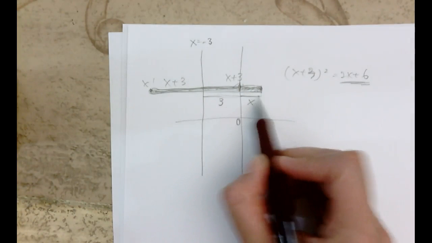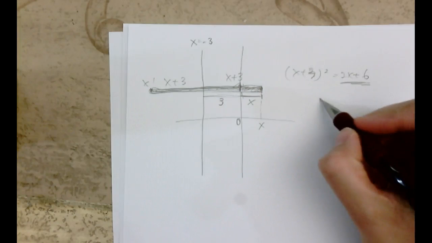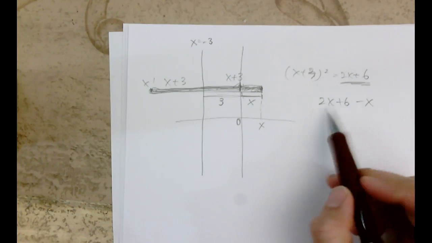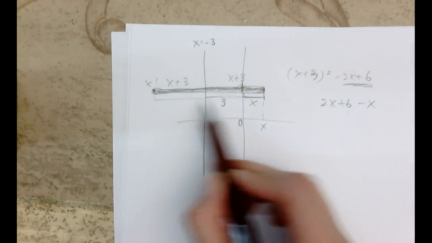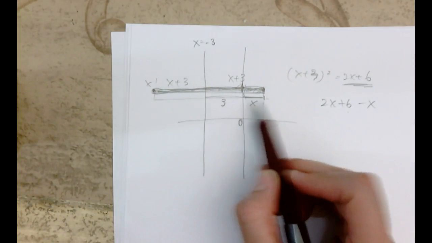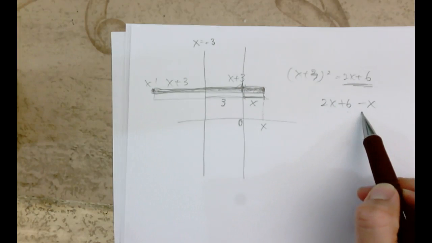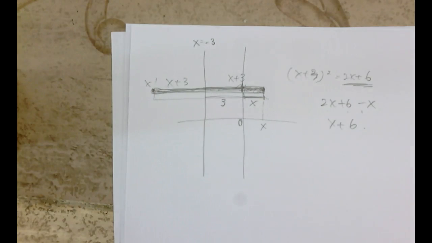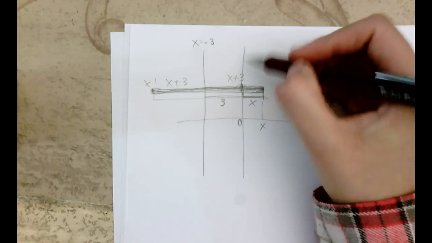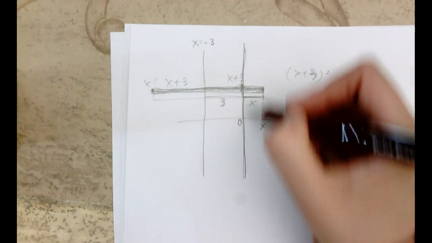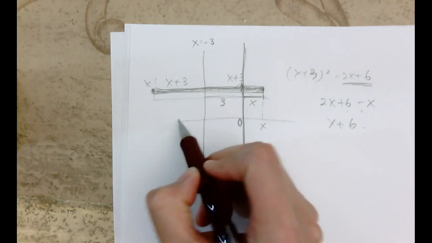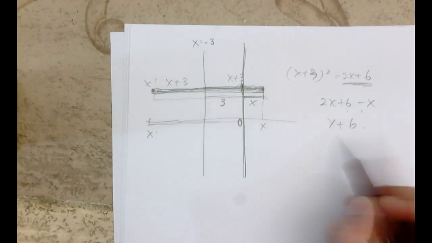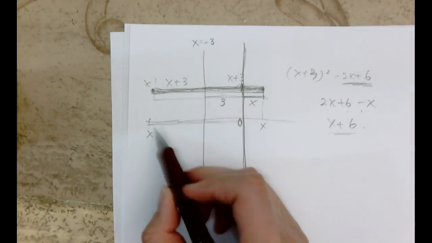So I want to get rid of this part, and this distance is x. I'm going to subtract x from 2x plus 6, because this whole thing was 2x plus 6. Then I get x plus 6. But that's the distance from 0 to x dash. It shows up positive because distance is positive.